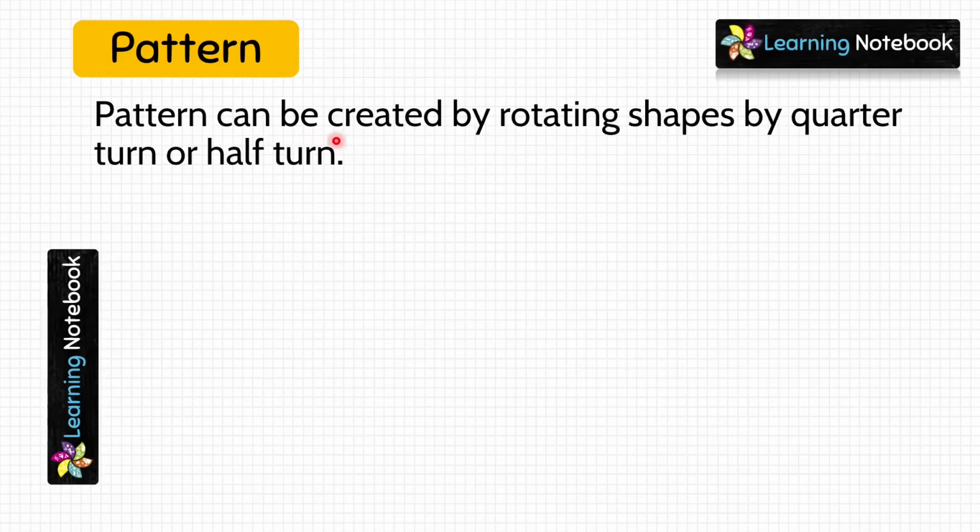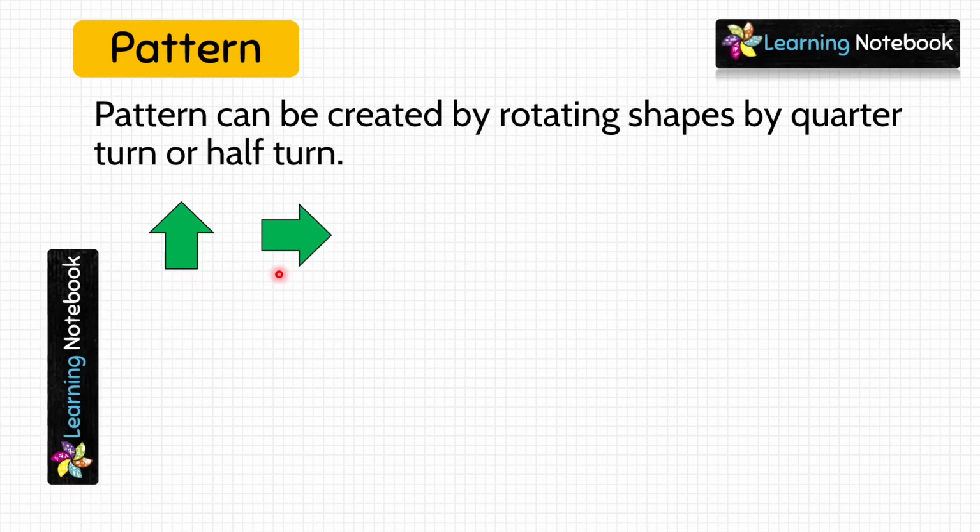Next, pattern can be created by rotating shapes by quarter turn or half turn. For example, let's create a pattern using quarter turn. Quarter turn means by rotating the shape by 90 degrees. See this shape. This is an arrow. Let's move this arrow by quarter turn.